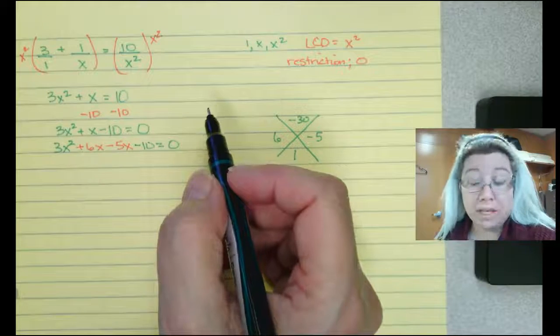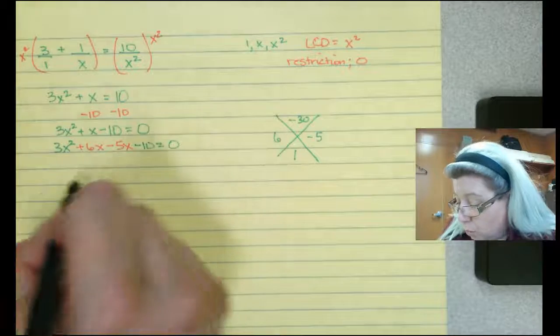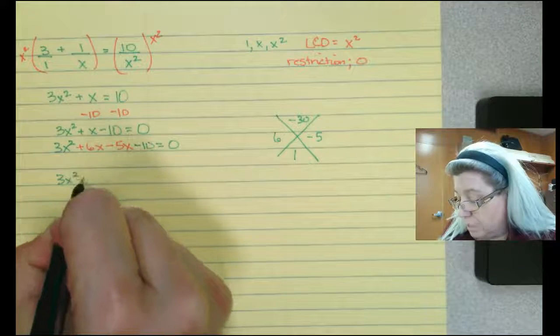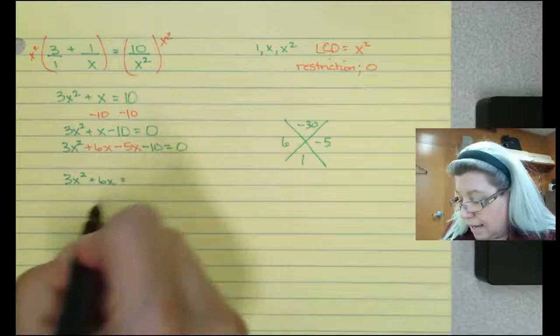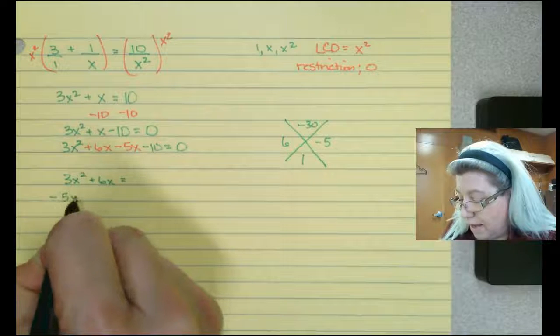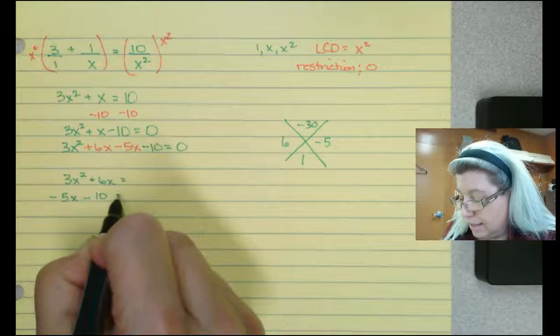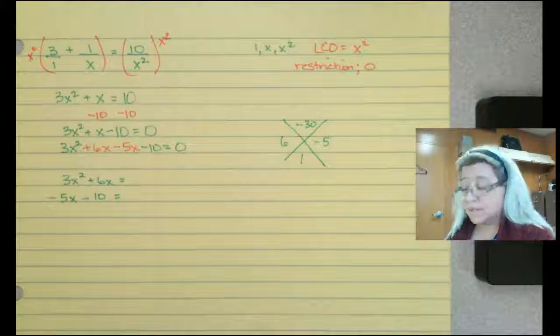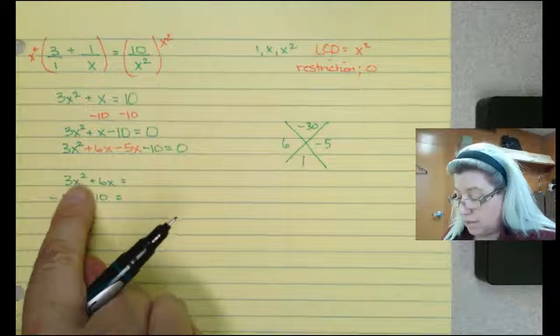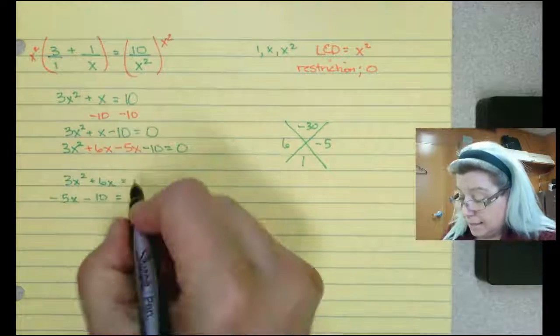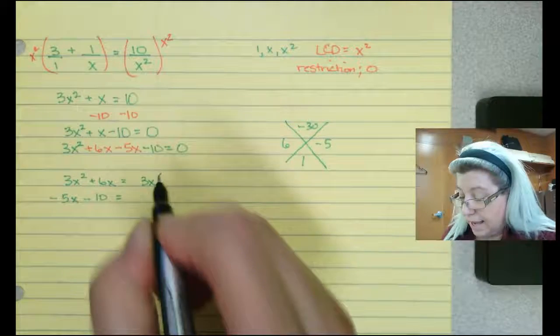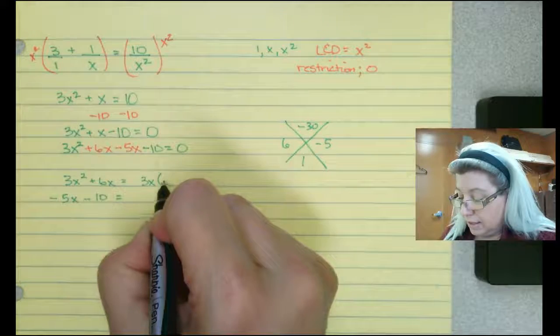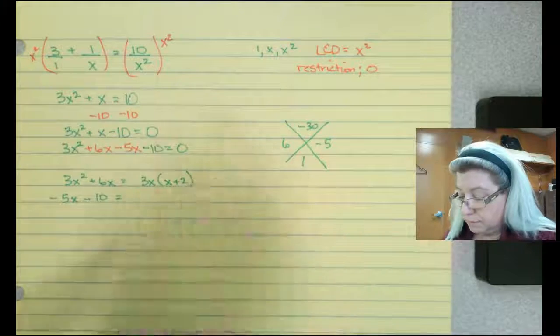Now I can use grouping. I'm going to group 3x squared plus 6x, and I'm going to group negative 5x minus 10. I'm going to factor each of these separately. 3x squared plus 6x, let's factor a 3x out. That would leave x plus 2.